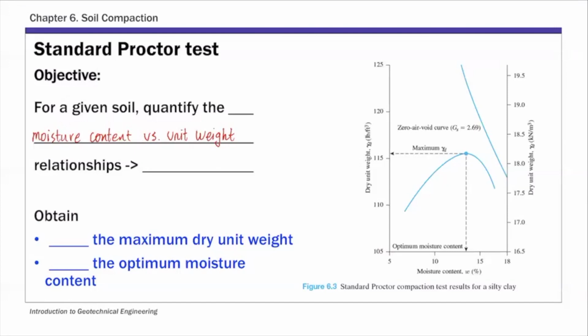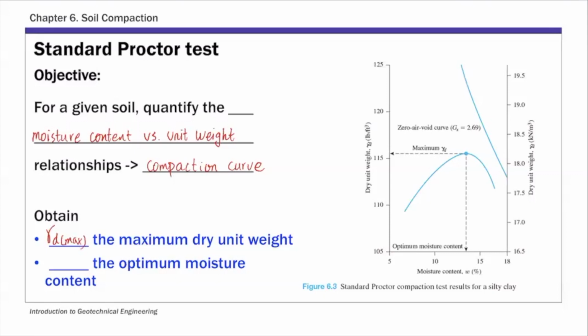This is called the compaction curve. And I'll come back to this curve and describe all these axes and the observed behavior. But there are two pieces of information we're going to get from a compaction curve. The first one is the maximum dry unit weight, and we use gamma D max.